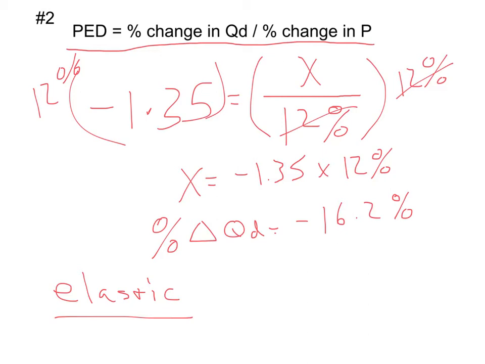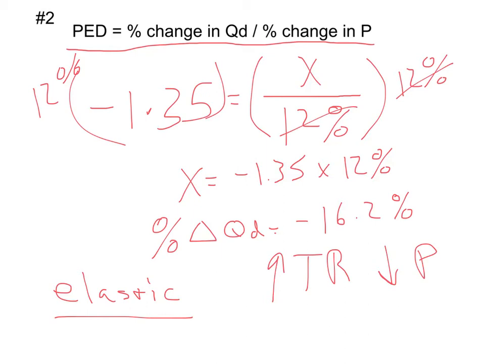And then the second part is, if its goal is to increase revenues, what should it do to the price? The very end of the text in the chapter 5 reading says if you want to raise revenues and you have elastic demand, you actually have to decrease price.